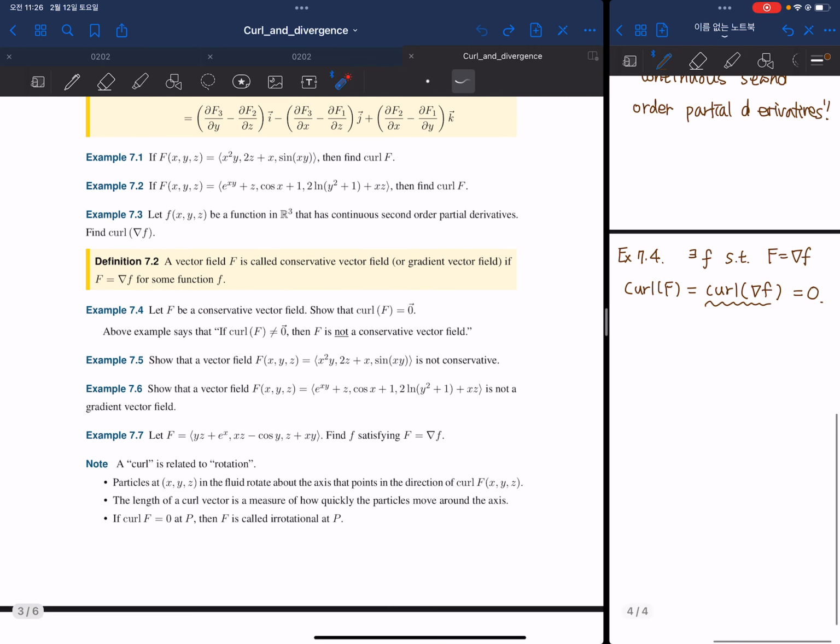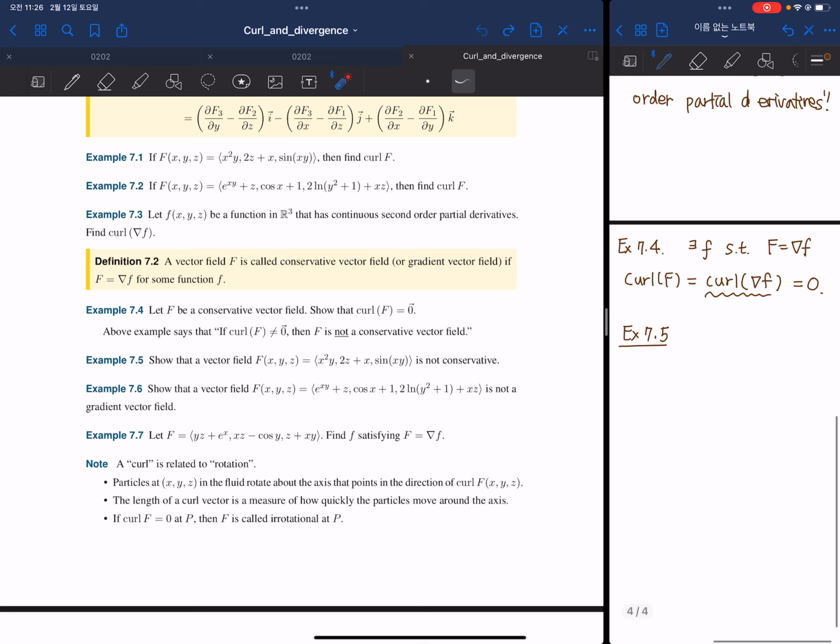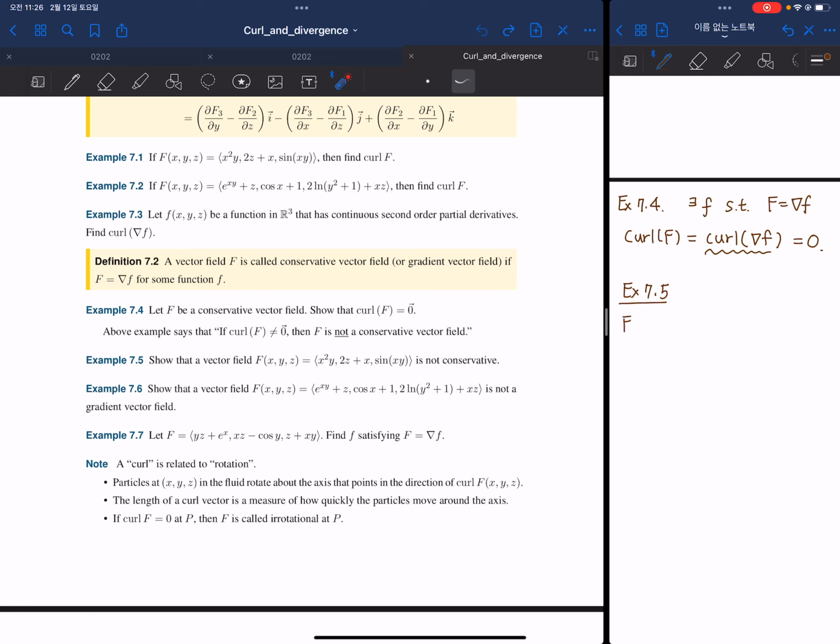So let's think about example 7.5 here. Show that the vector field F given as x squared y z plus x and sine xy here is not conservative. When you need to check whether a vector field is conservative or not, you need to check the curl of F, whether it is the 0 vector or not.